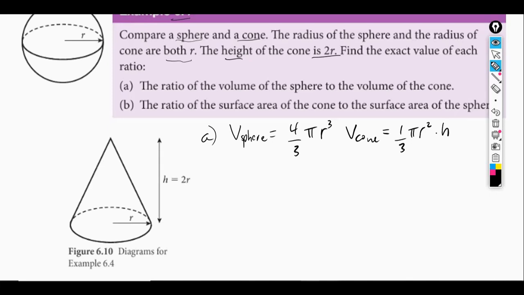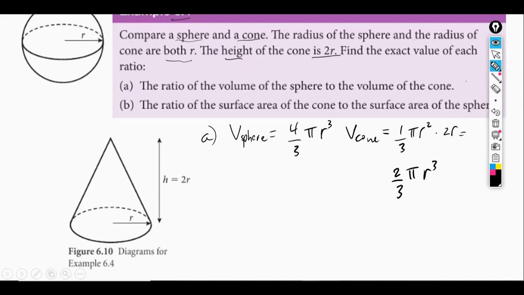But they already told us that the height of the cone is 2r, so we can substitute h here for 2r. So let's do that. And if we have 2r, then we can rewrite this expression as 2/3 pi r cubed.